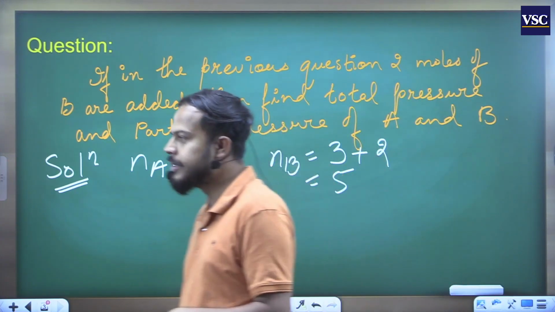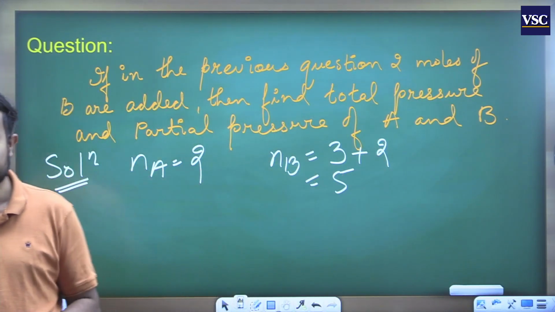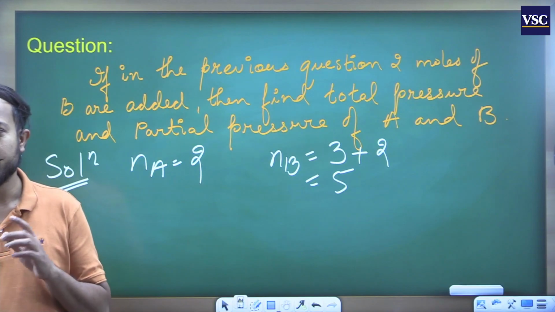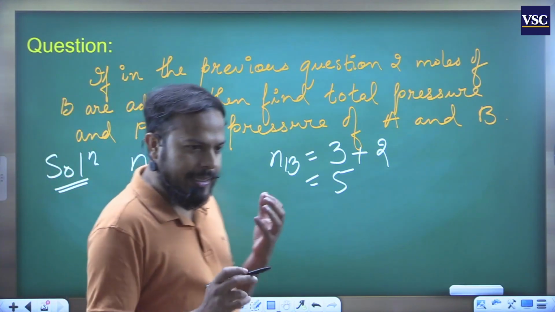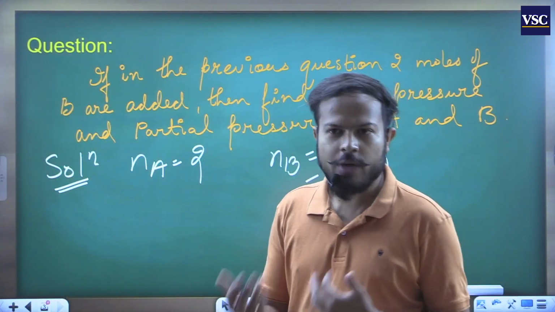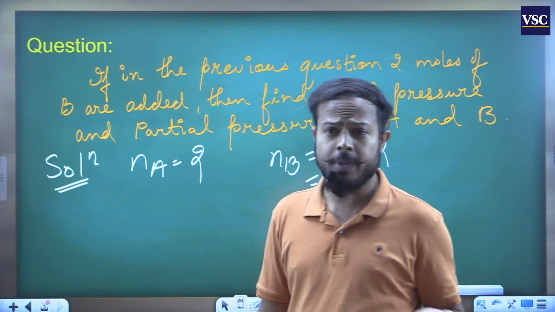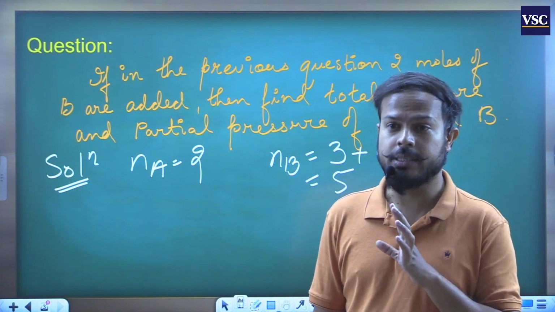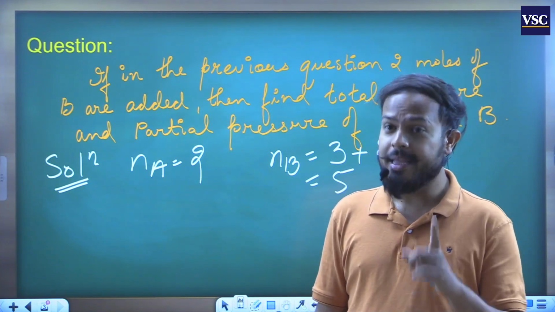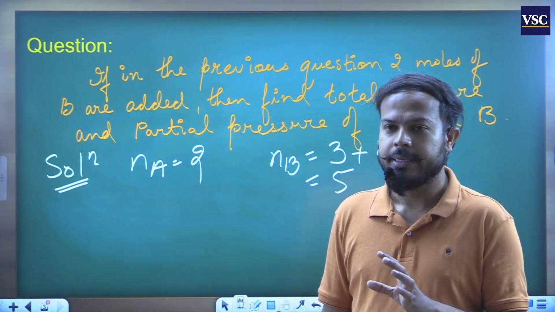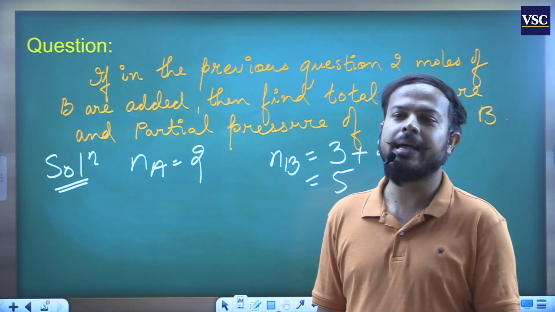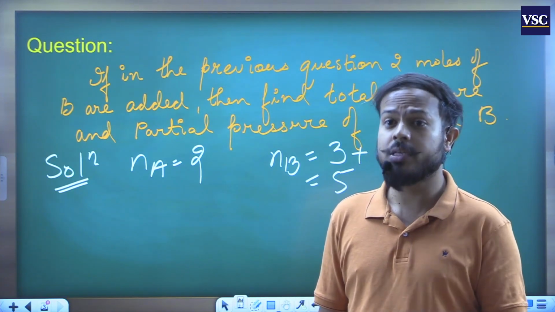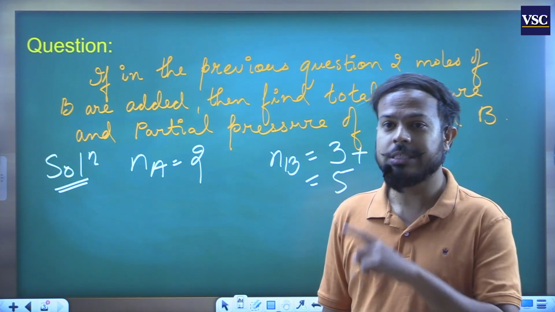Okay, now here the concept comes. We have understood that if you alter the moles of a particular gas, then the total pressure changes and the partial pressure of that gas also changes. But if you have not altered the moles of a particular gas, then its partial pressure will also not change.